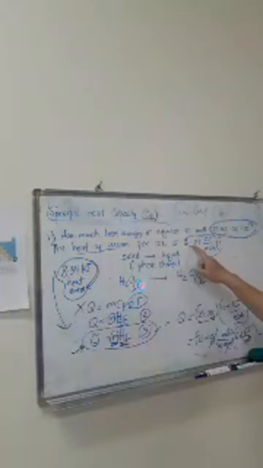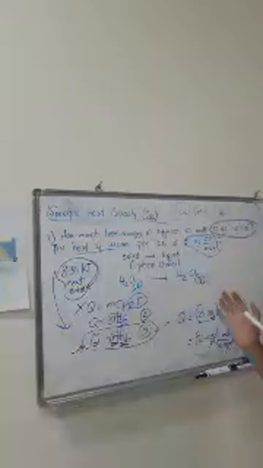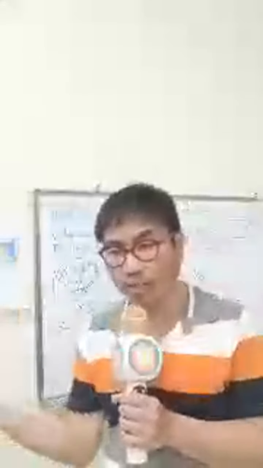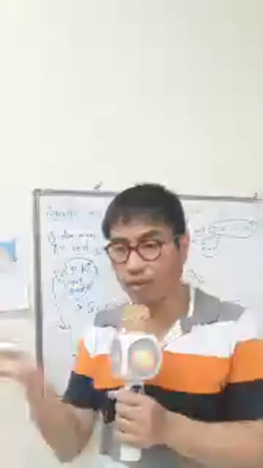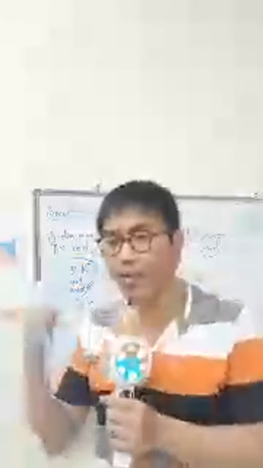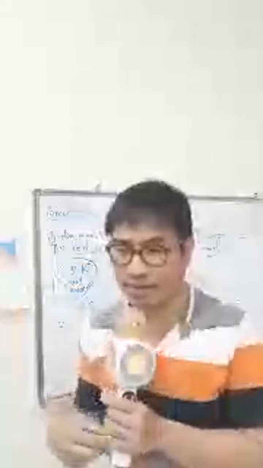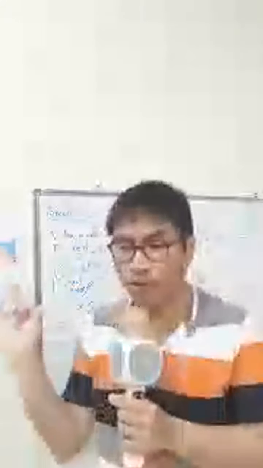Because this 6.01 kilojoules is not the standard value to use. The technique is if the problem is already using values, do not go to the standard. The standard will only be used in conversion and if there's no available data given. But if there's a given, then you substitute the given as first priority.